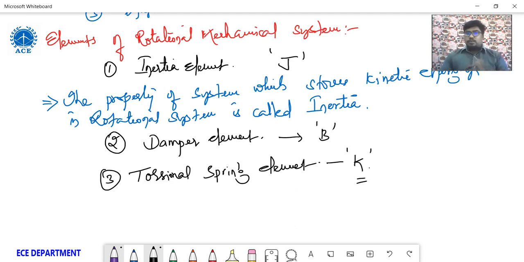So rotational mechanical systems are almost similar to translational mechanical systems. Only a few things change: the variables will be angular quantities and the motion of the system will be around a fixed axis, whereas in a translational system it is in a straight line.